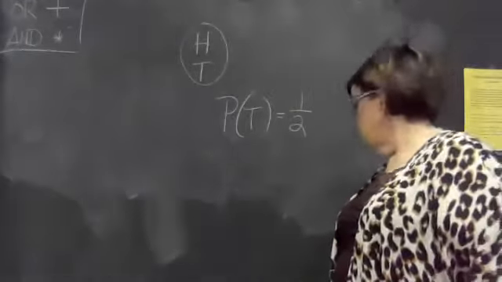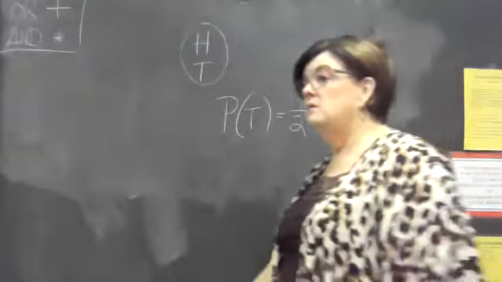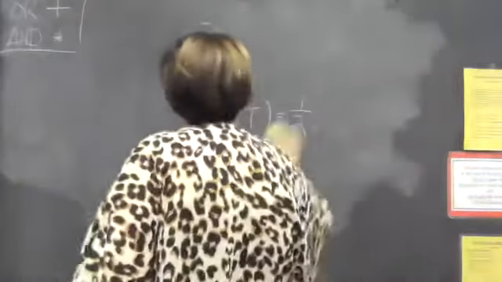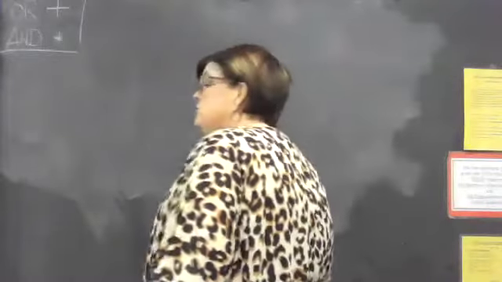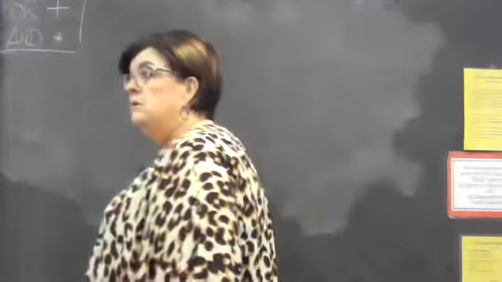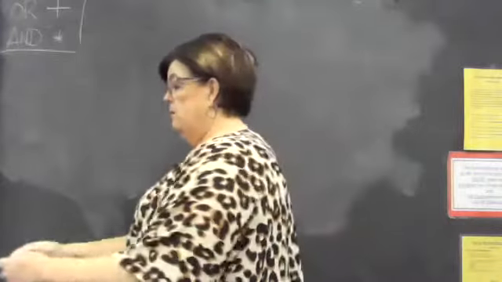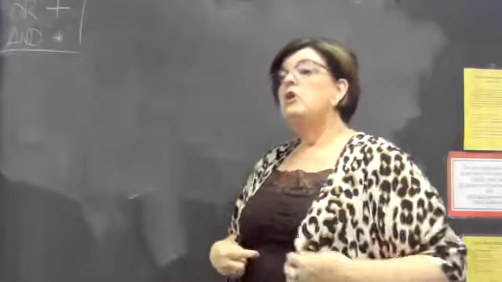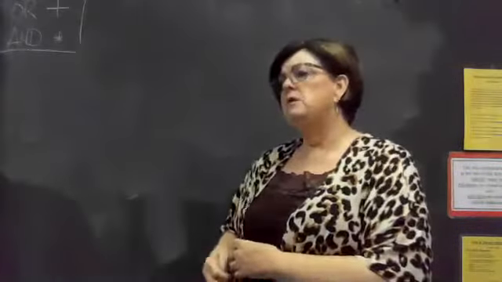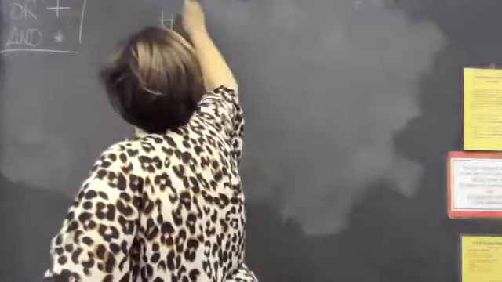Yes? Okay, so now it says, what if I'm flipping two fair coins? I need to know all of the possibilities that could happen. Okay, I'm going like this, then I'm flipping them. What are all the possible ways they could land? Okay, heads or tails.